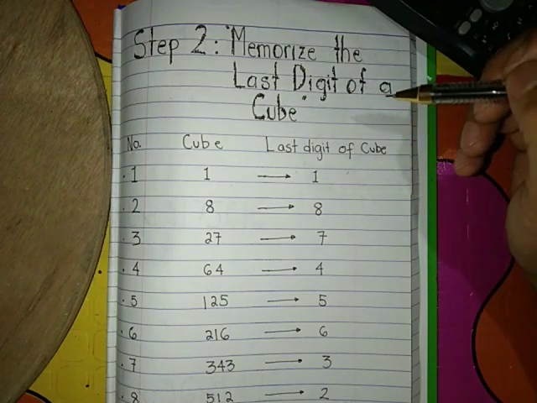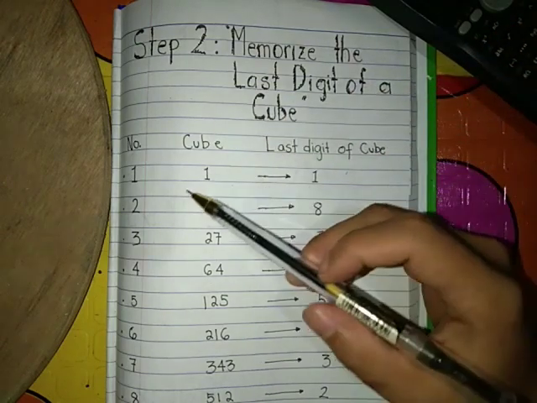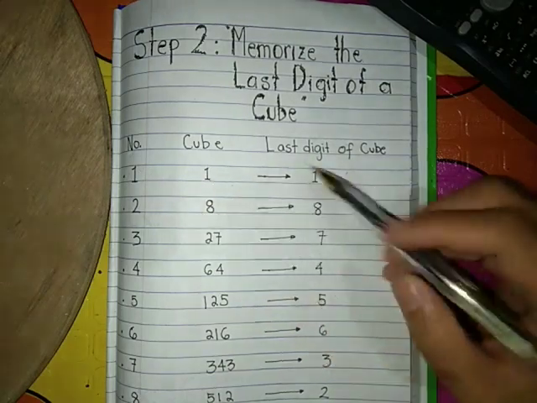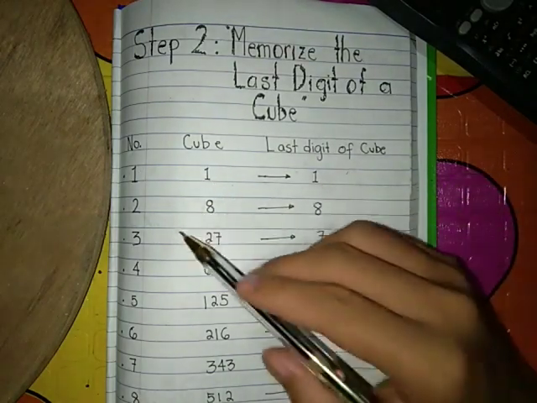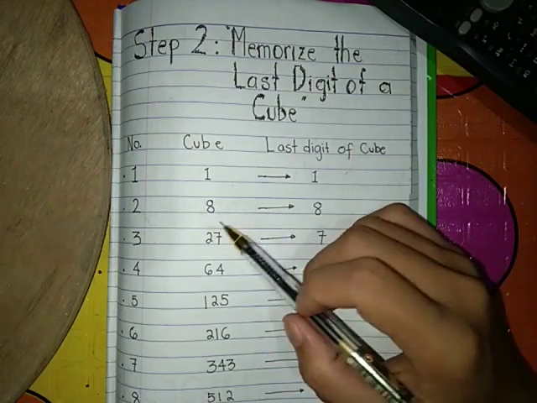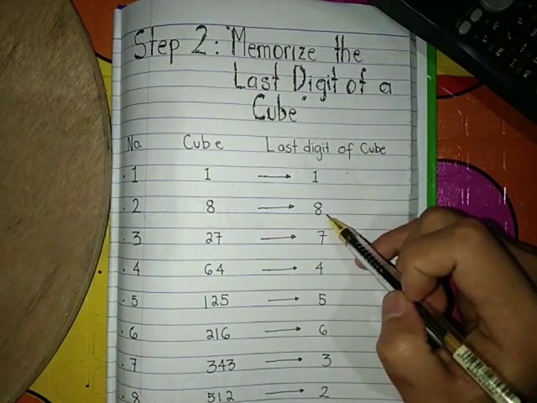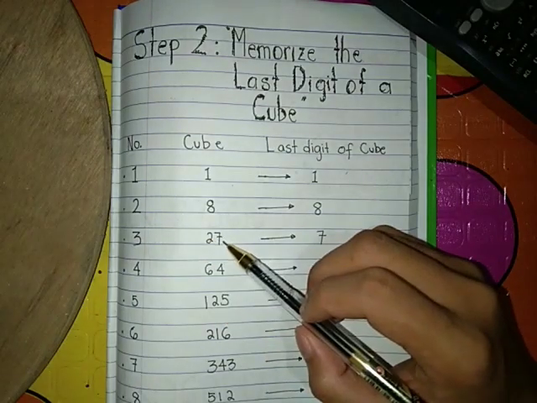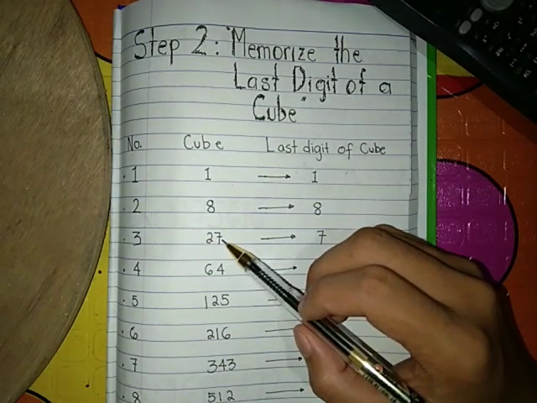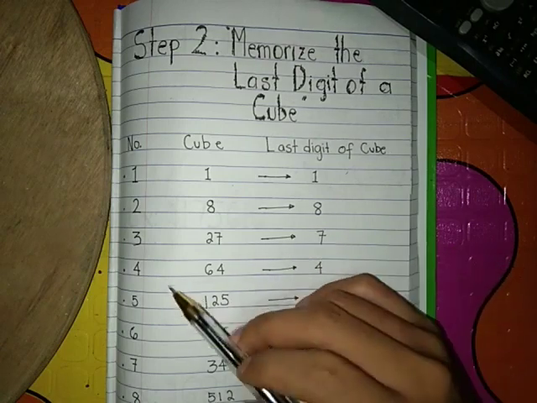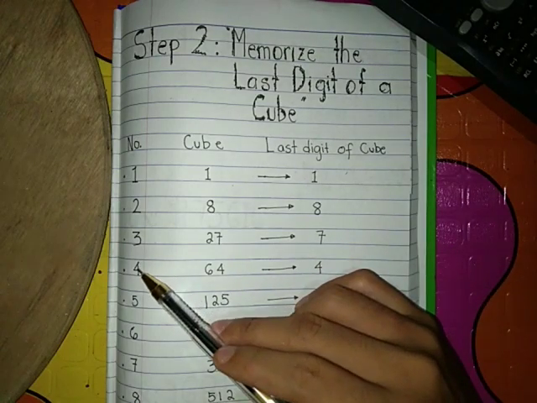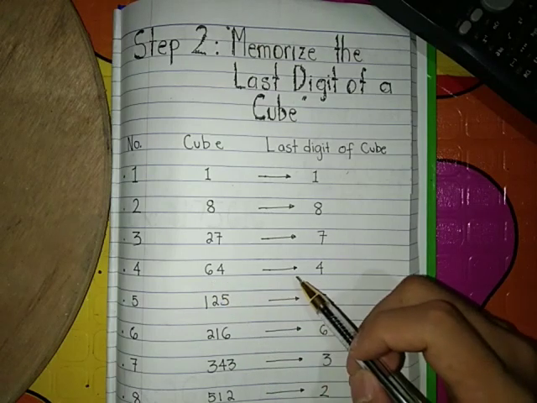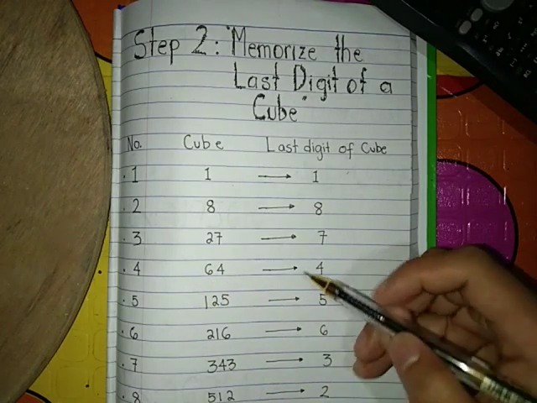Memorize the last digit of the cube. The cube of 1 is 1, therefore the last digit is 1. The cube of 2 is 8, therefore the last digit is 8. The cube of 3 is 27, therefore the last digit of 27 is 7. The cube of 4 is 64, therefore the last digit is 4.